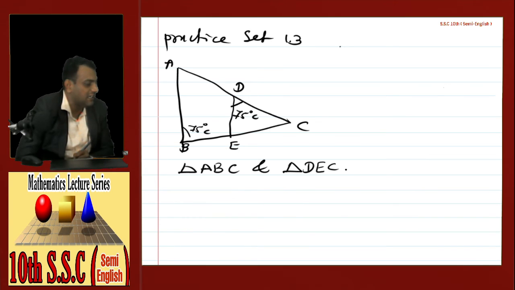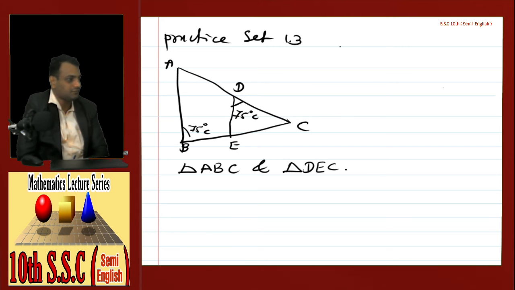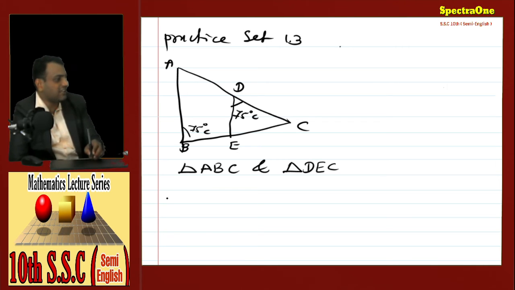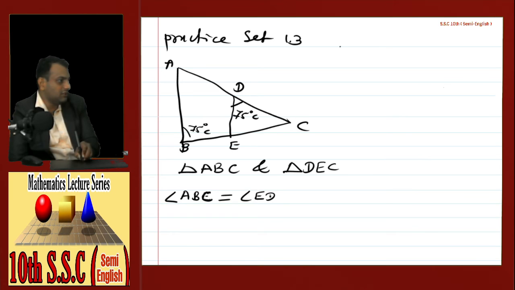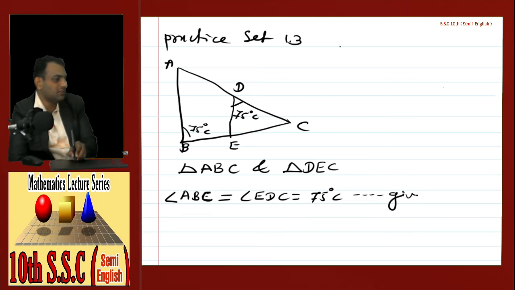In these triangles, angle ABC equal to angle EDC, which is equal to 75 degrees, which is given.